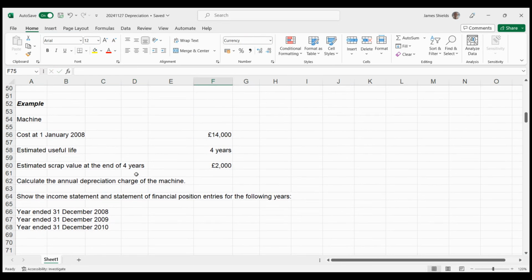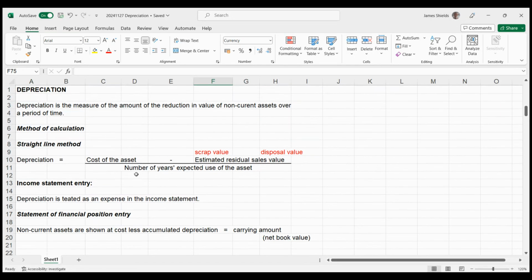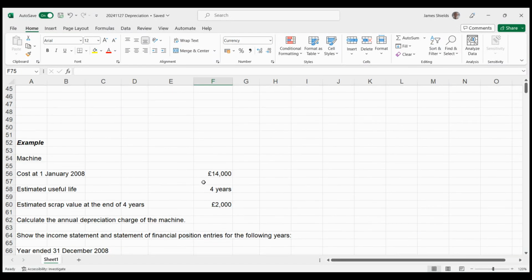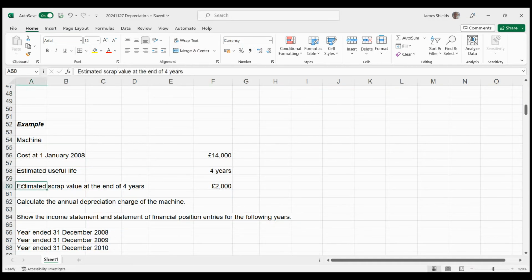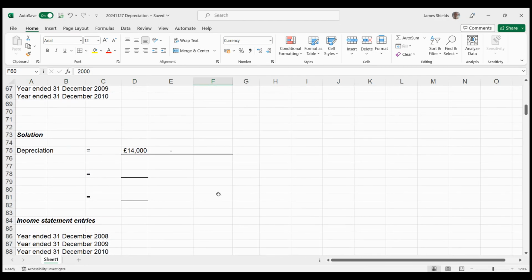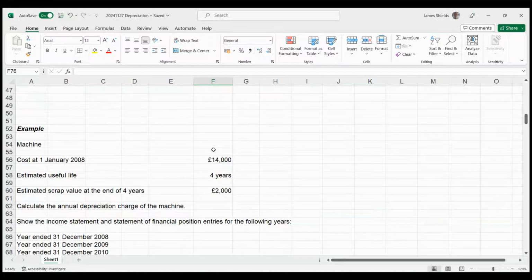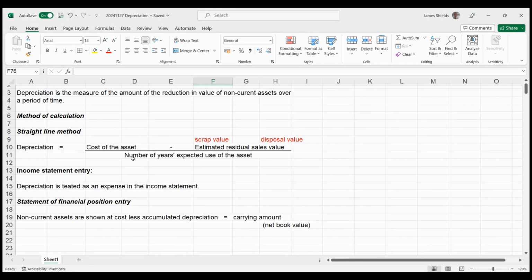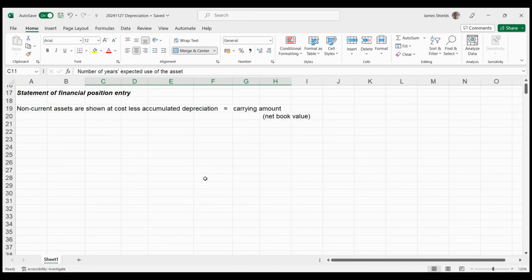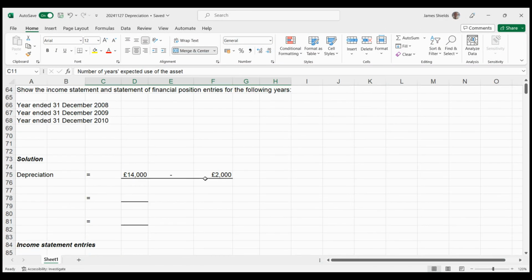Take away the estimated scrap value or estimated residual sales value, also known as the scrap value. In this question, the estimated scrap value at the end of the 4 years was £2,000. So I'm going to take away £2,000. And it's divided by the number of years expected use of the asset.